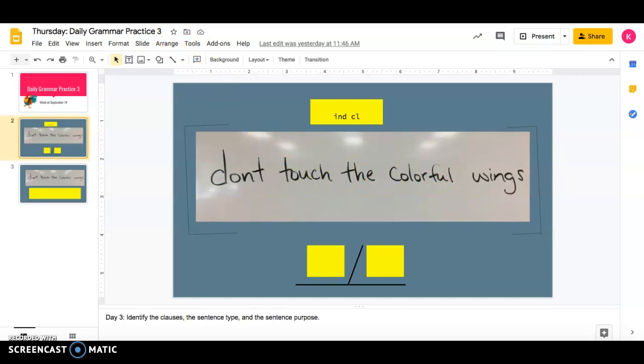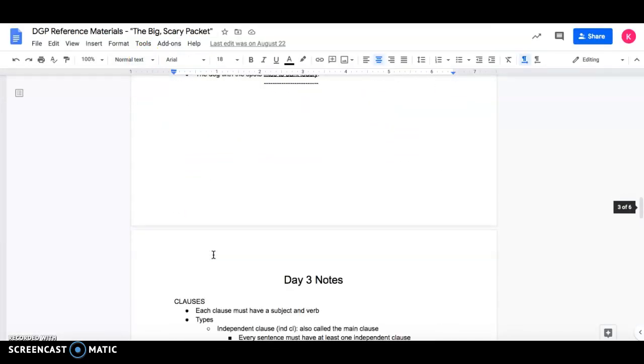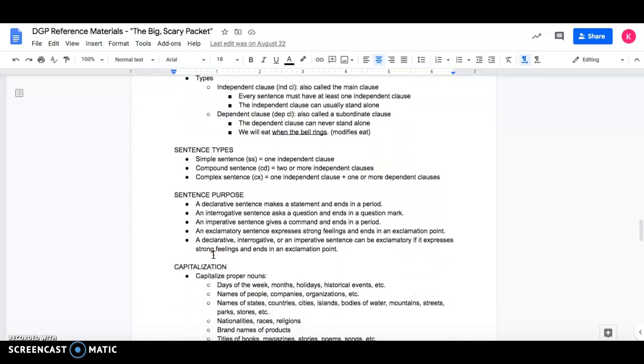So if we look at our big scary packet, and we're going to go down to the day 3 notes, we're going to be looking at sentence types. So we identify the clause. Next, we identify the sentence types. There's 3 types of sentences. There's a simple sentence, which is made up of one independent clause, a compound sentence, which is 2 or more independent clauses, and usually these are combined with a comma and a fanboys conjunction.